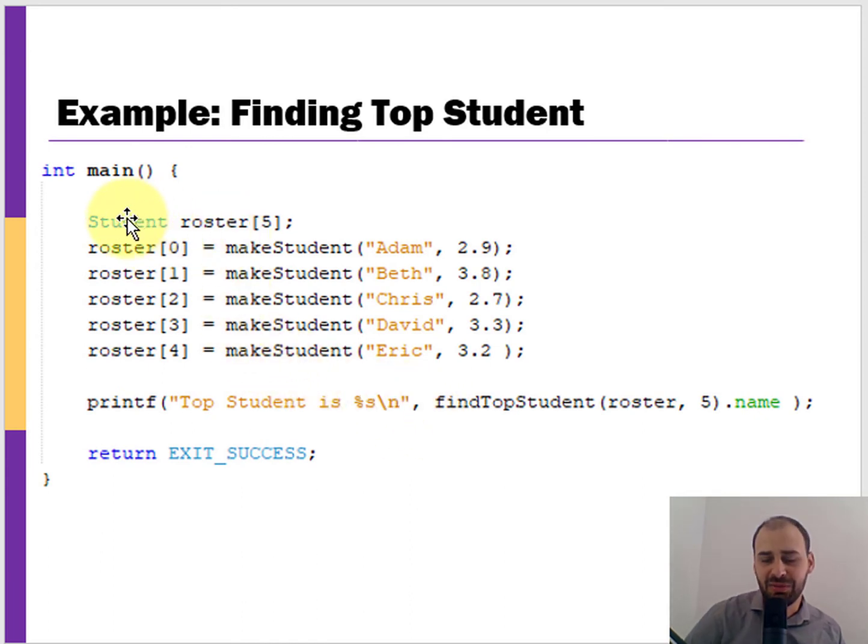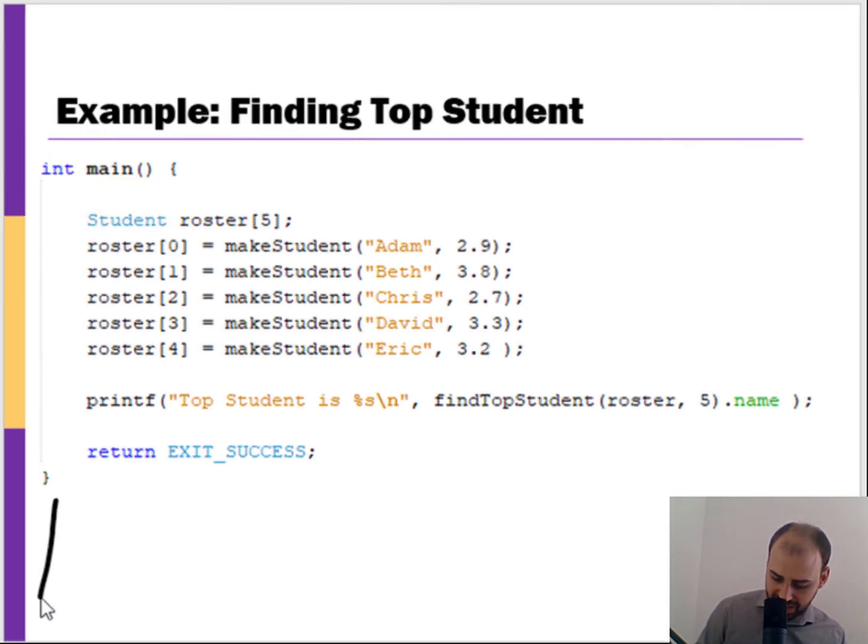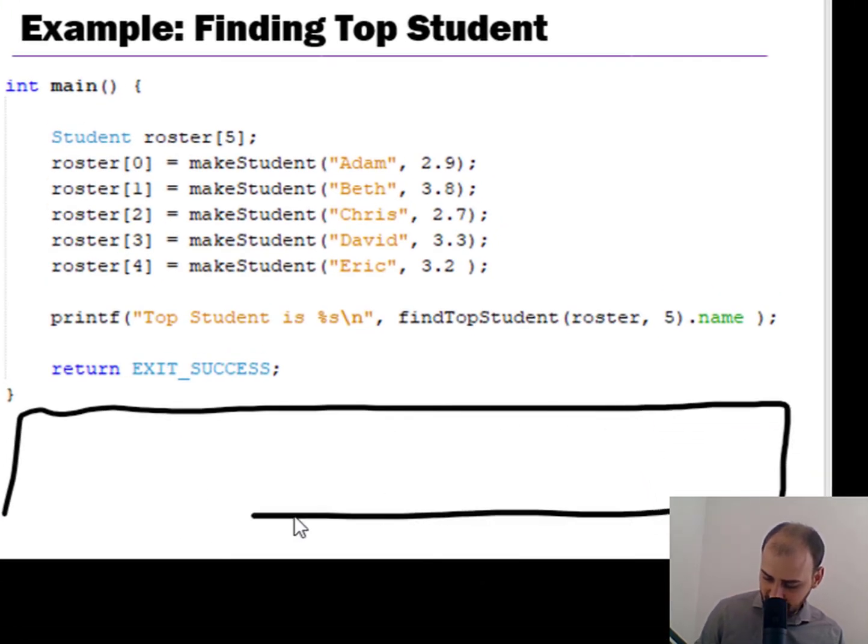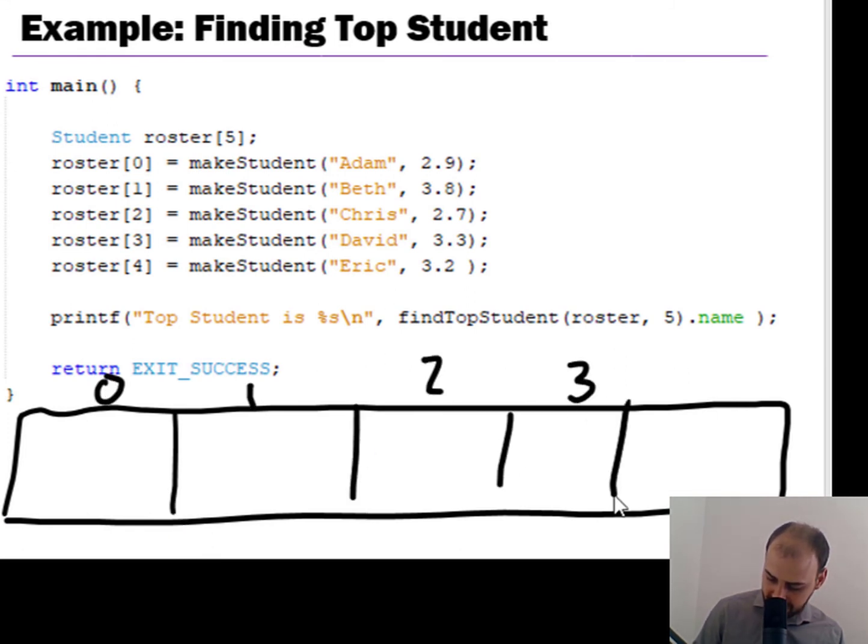Here I'm building an array of students. I'm calling it roster, with index 0, 1, 2, 3, and 4.